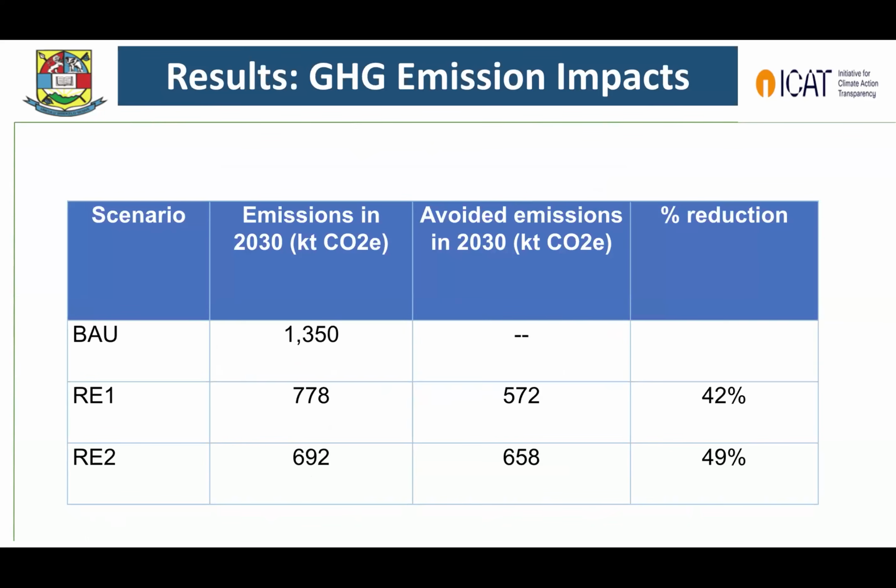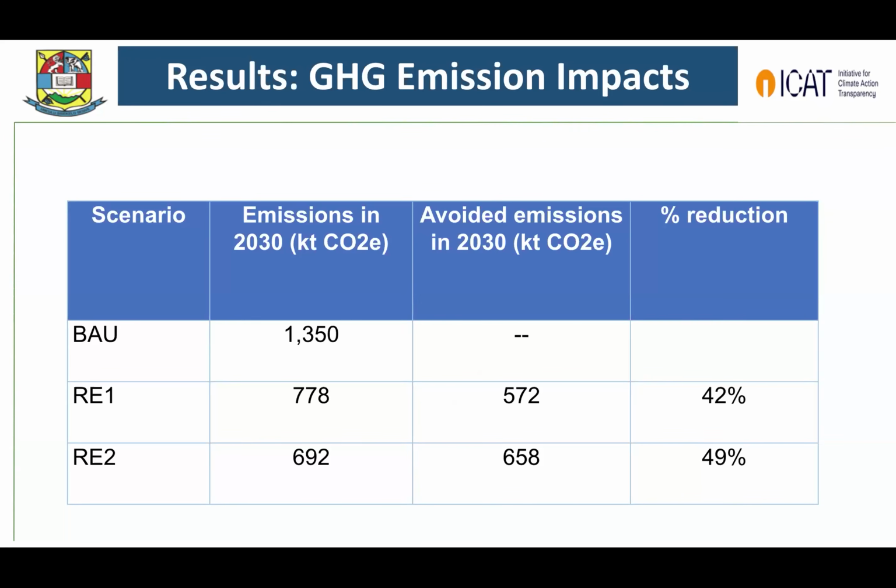So this one shows the avoided emissions by using renewable energy. For the renewable energy one scenario, which is where you have used the ICAT guide, you have avoided emissions of 572, which is 42%.